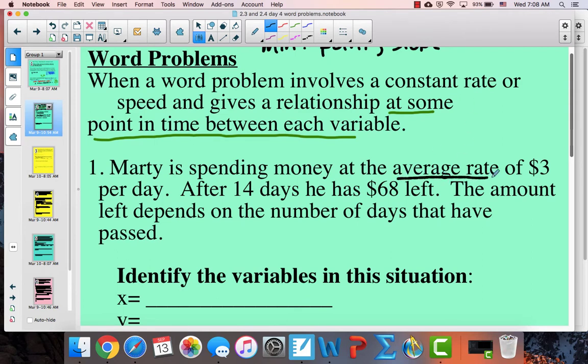And remember, we talked about the word slope also meaning a constant rate of change, right? So in this case, he's spending money at an average rate of $3 per day. So that tells me that the slope, or the average rate of change, is $3, okay? But it's going down, so it's a negative slope, so -3.